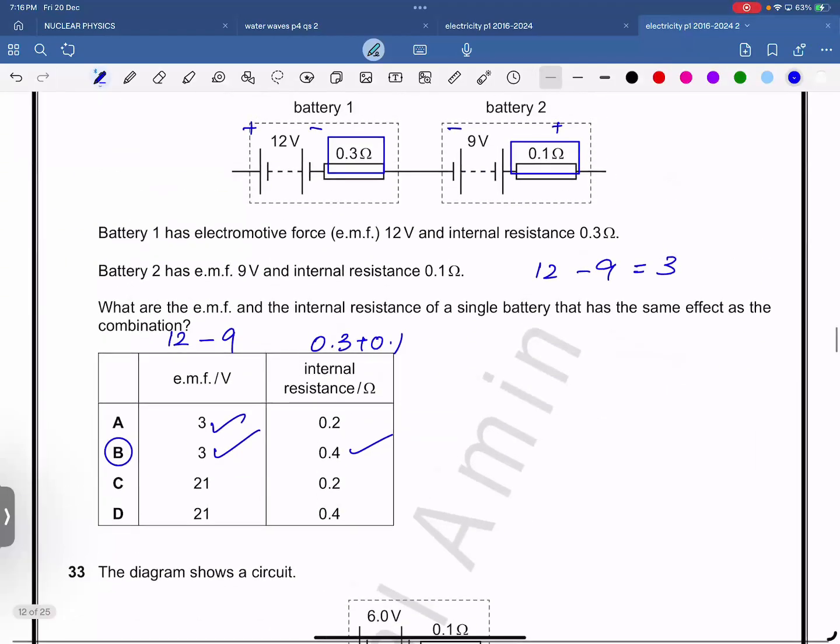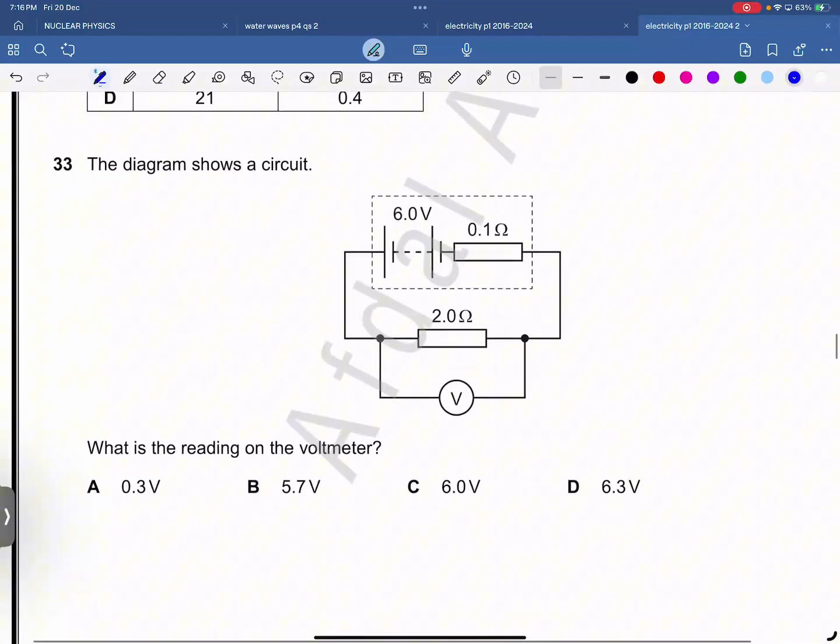Question number 33, my dear students. 33 says the figure shows a circuit. What is the reading on the voltmeter? Just apply Kirchhoff's second law to find current, and then you can find voltage.